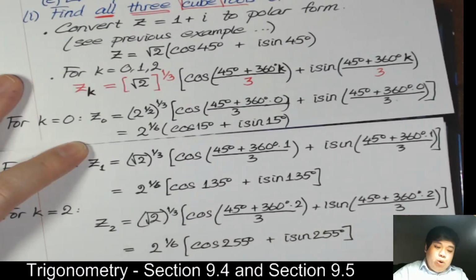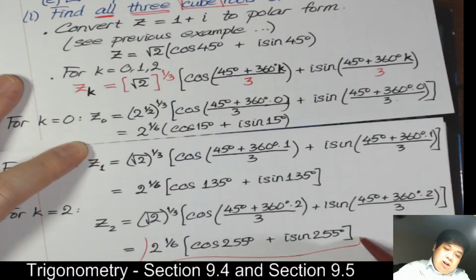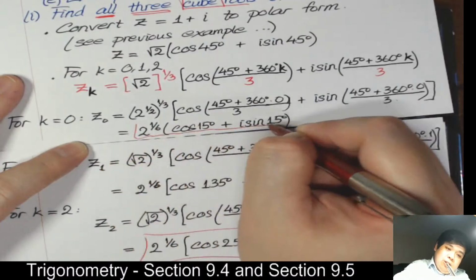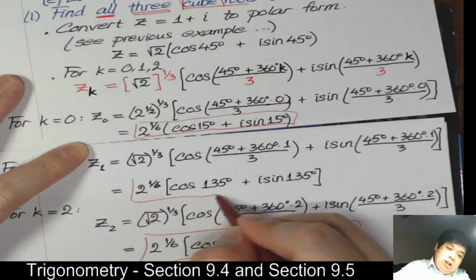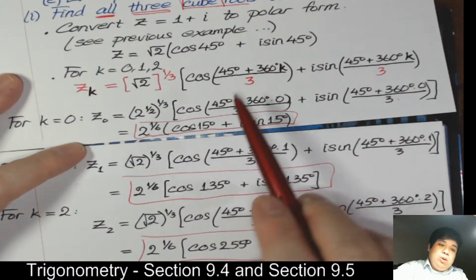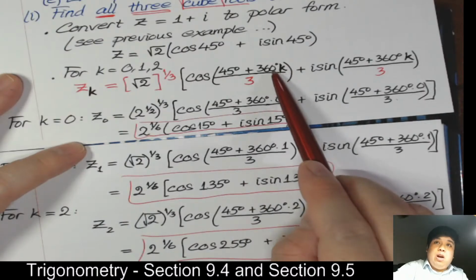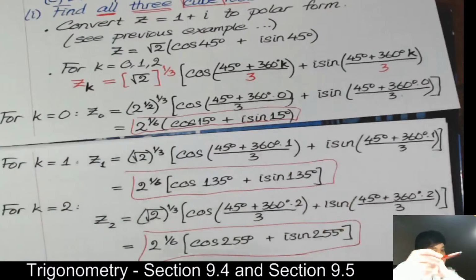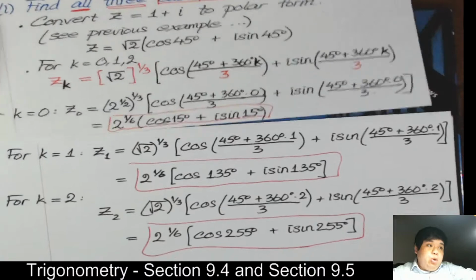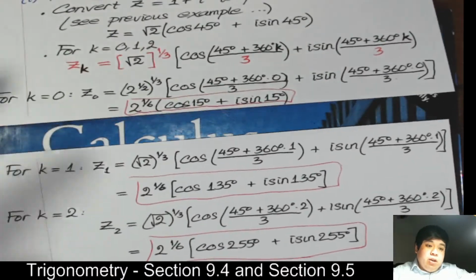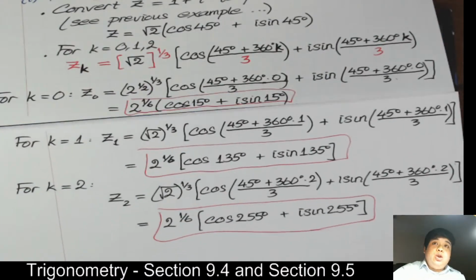So there are 3 cube roots, and you have 3 answers: 1, 2, and 3, corresponding to k equal to 0, k equal to 1, and k equal to 2. One thing we note about this solution: notice the angles of 15 degrees, 135 and 255.